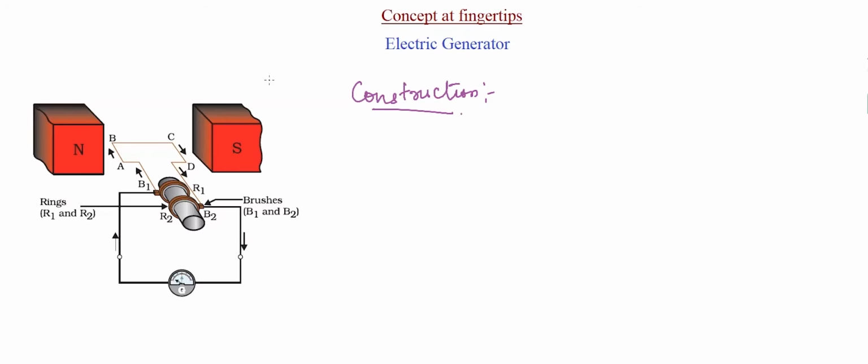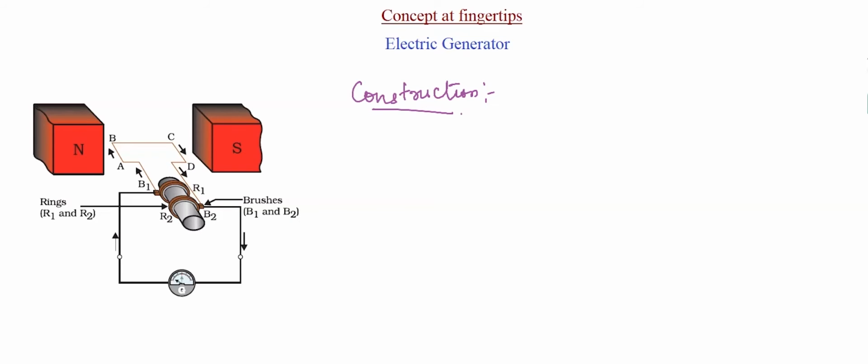The other side is connected to the coil sides AB and CD. So this forms the internal part which rotates, the coil ABCD with the two rings.